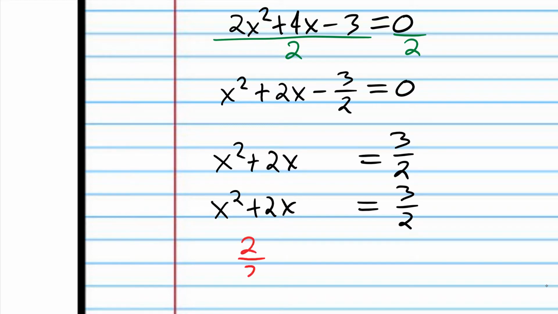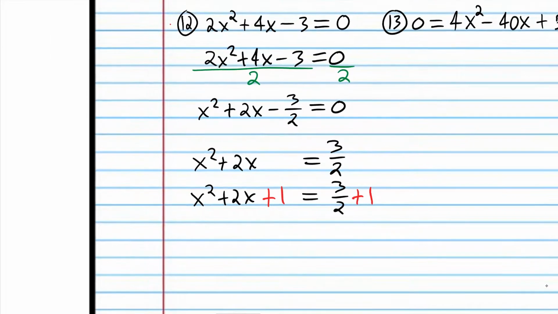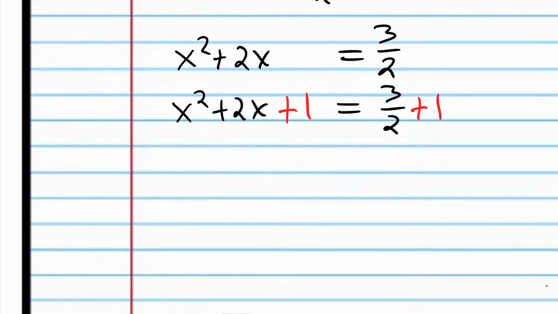So 2 divided by 2 is just 1. And then 1 squared, of course, is just 1. So we're going to add 1 to both sides of the equation. That was actually easy about this problem, because this coefficient was even. So we don't have to deal with the fraction here. That's good. Okay, so this is now a perfect square because we completed the square.